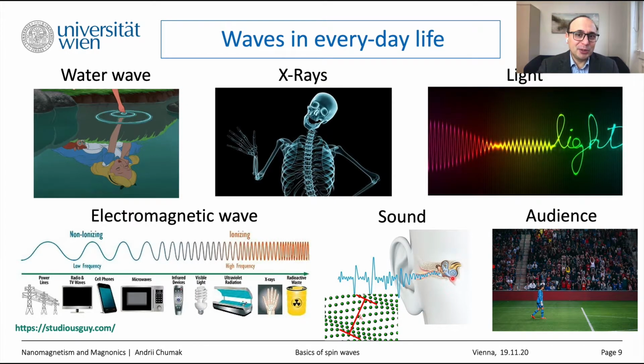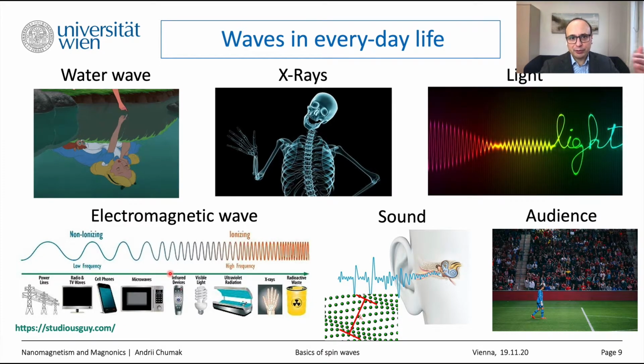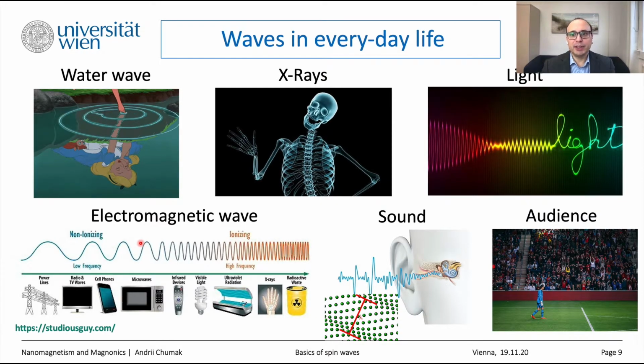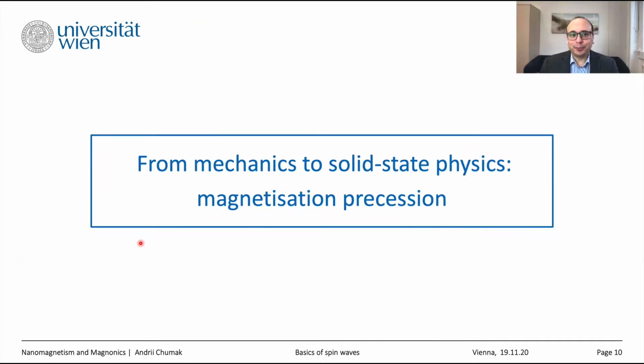But if to be serious, you see that a wave in general plays a crucial role for a human being, especially in communication, because we hear waves, we see waves, our cell phone works because of waves, the internet also works because of waves. First you send information in a fiber in the form of light, and afterwards you convert it into a gigahertz range electromagnetic wave from your Wi-Fi router. So waves are everywhere. Good.